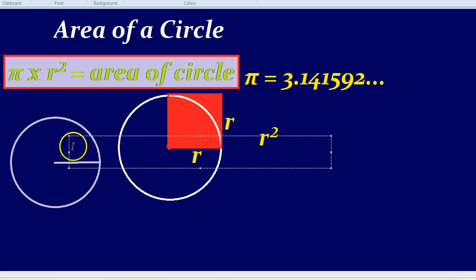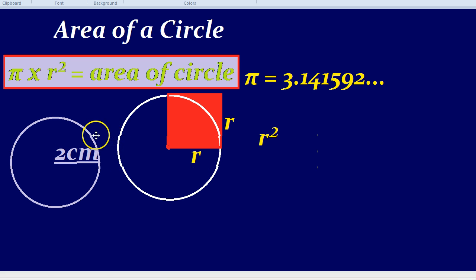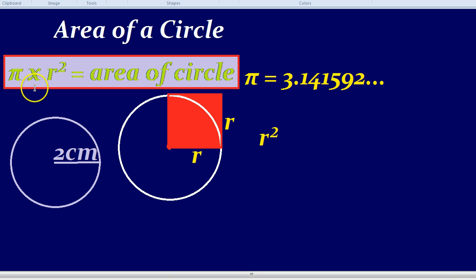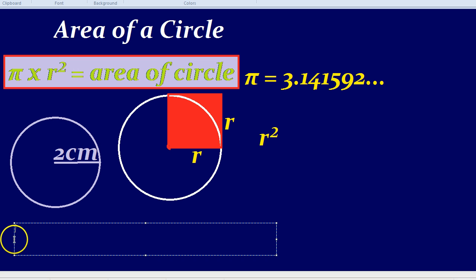Well, if the radius is 2, I need my incredible formula at the top. The area of a circle is pi, which you should find in all of your calculators, times that radius squared. If you're not sure what squared means, I have done another video on that, but it basically means the number times itself. So in this case, it would be pi times 2 times 2.